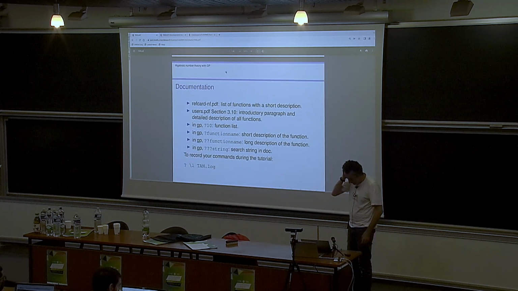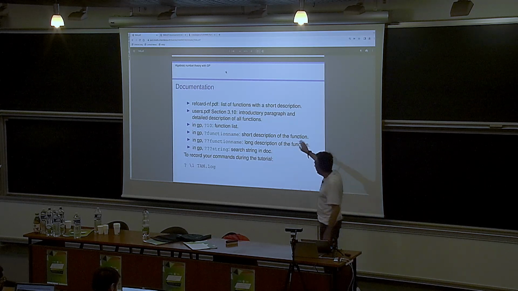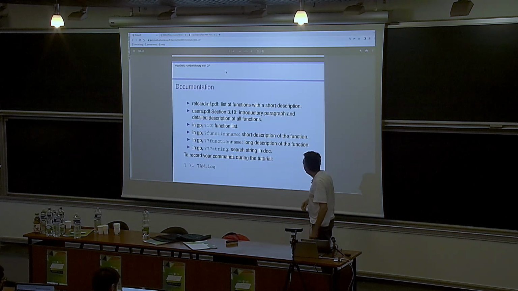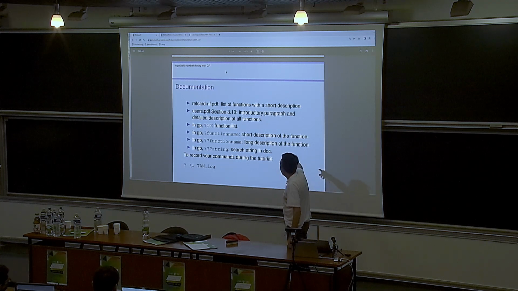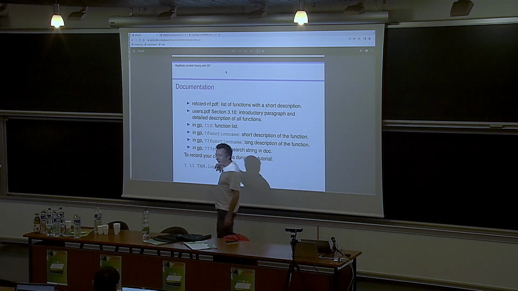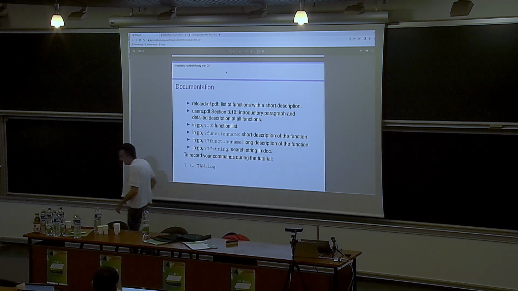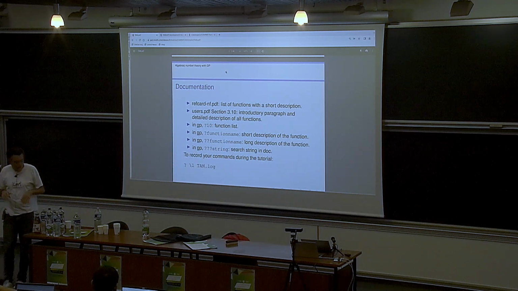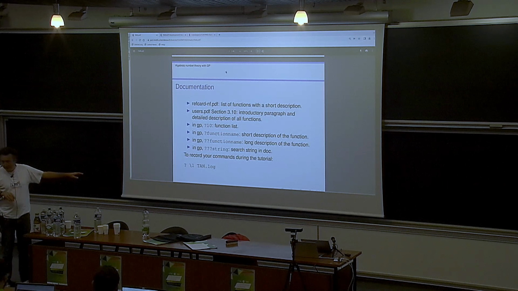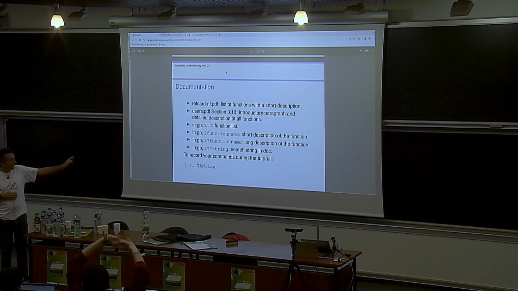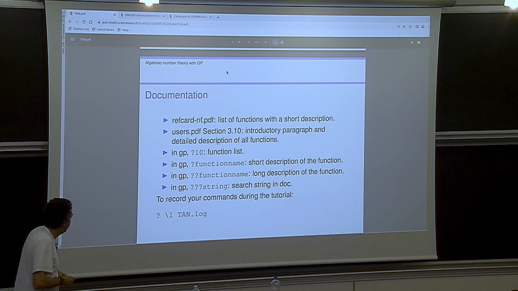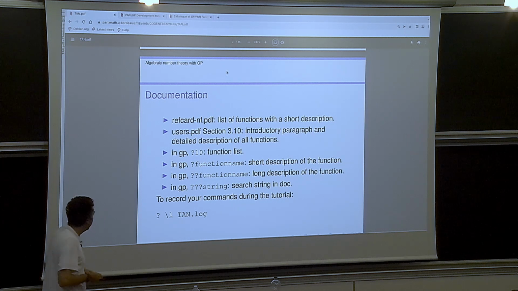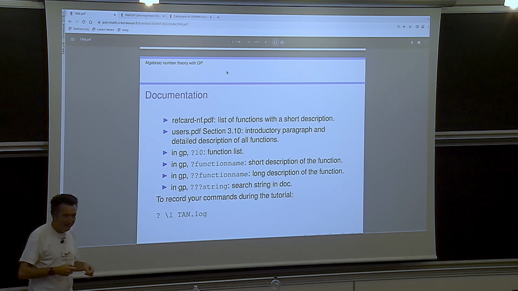So, okay, let's call for the documentation. Something we can do is to use the automatic logging function. So it's \l and the name of a file, and it will record everything that it prints to this file. So at the end of the session, you can read the file. If you are on Windows, you had better call it temps.txt or something.